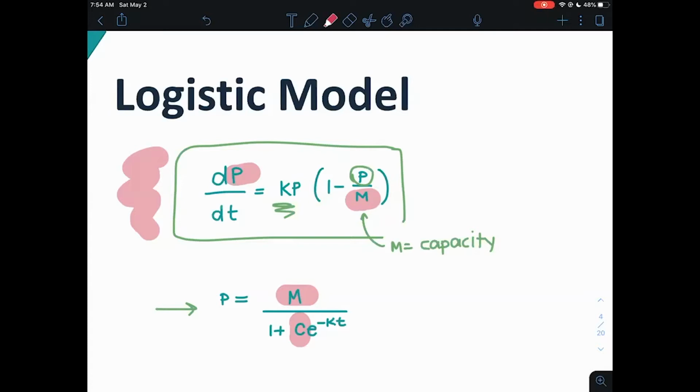Again, this is great integration with partial fractions practice, but at the bare minimum, you should be able to recognize that this differential equation, dP/dt equals kP times (1 minus P over M), represents a logistic differential equation where P is the population and M is the capacity.